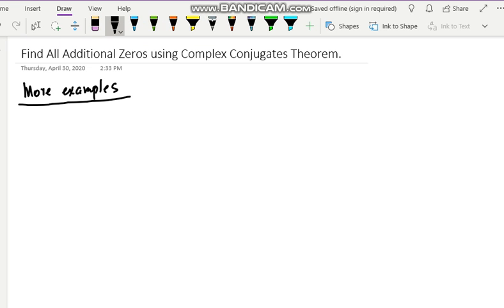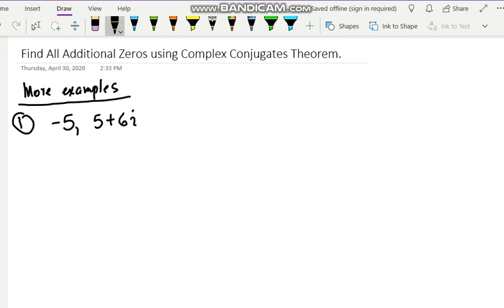I have more examples. We need to find all additional zeros using the complex conjugates theorem. Let's say what's given to us is -5, and then I have 5 plus 6i. This is all I have. I need to find all additional zeros.